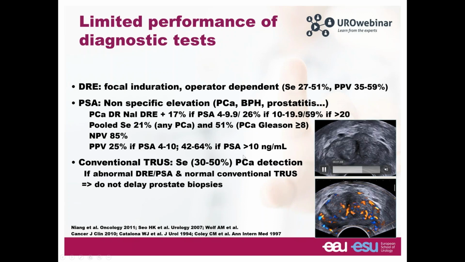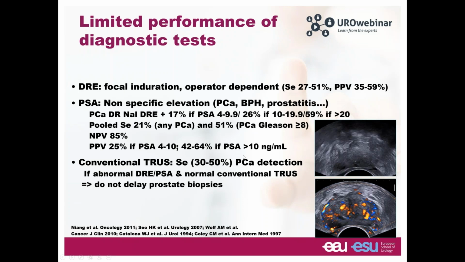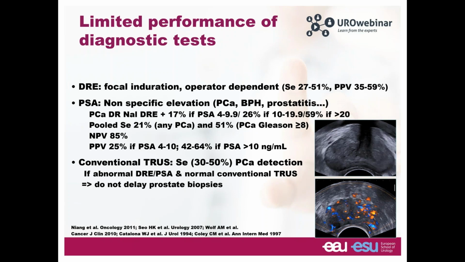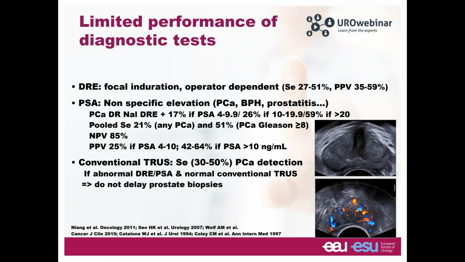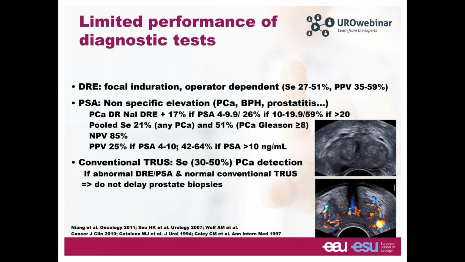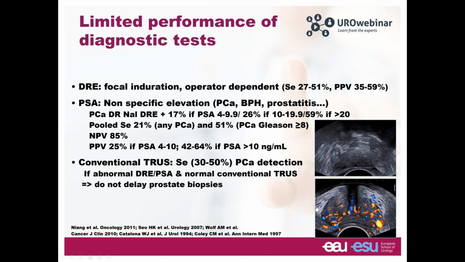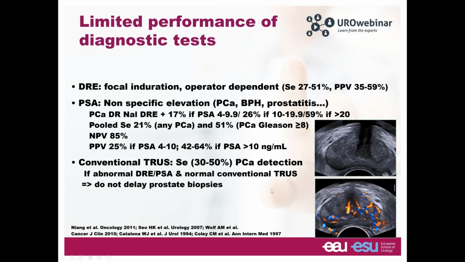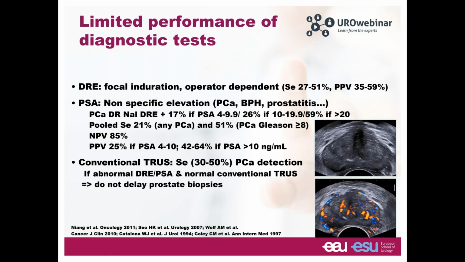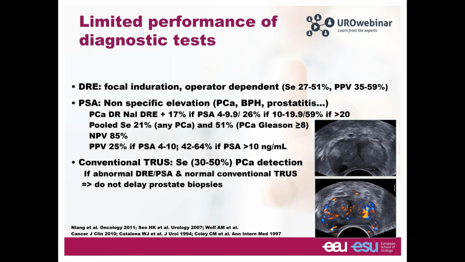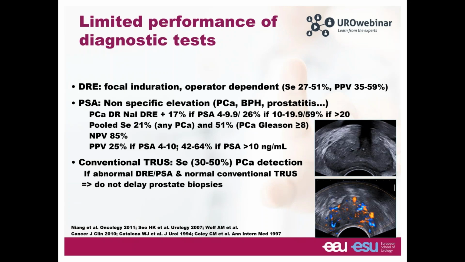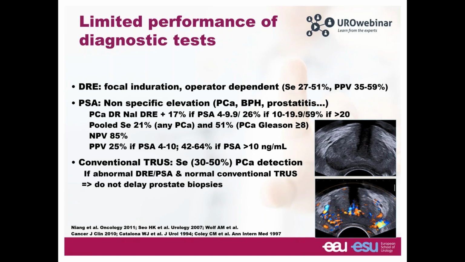Here on the right side of your screen, you can see a slightly hypoechoic area that corresponds to prostate cancer, and you see the increased vascularity using color Doppler. However, due to that very low sensitivity, it is recommended not to delay prostate biopsy in the case of abnormal digital rectal examination or increased PSA.